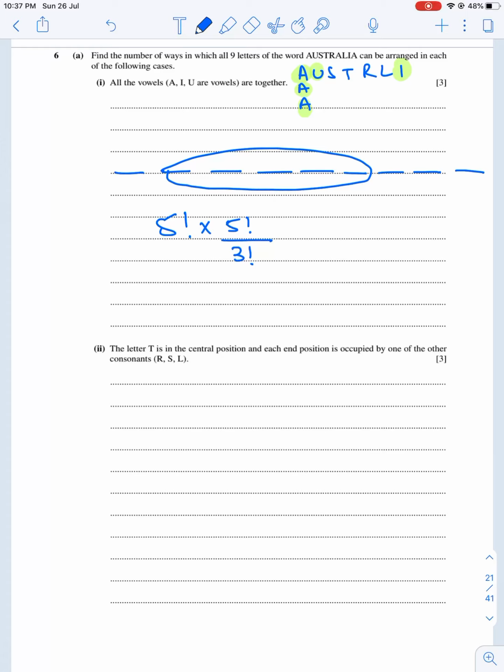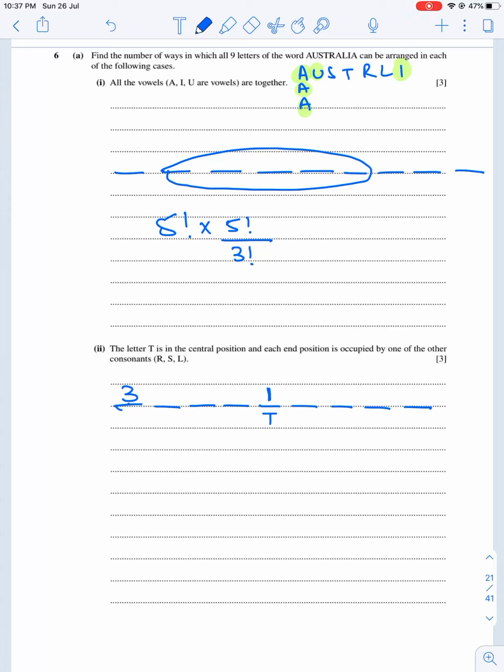The letter T is in the central position and each end position is occupied by one of the other consonants. Once again we're going to put 9 dashes. T is going to have the central position. There's just one way to fill this. That means the rest of the ending positions are occupied by R, S or L. So out of these 3, there are 3 options for this.